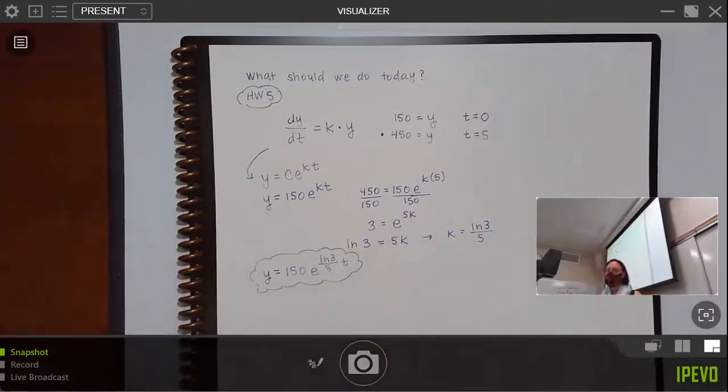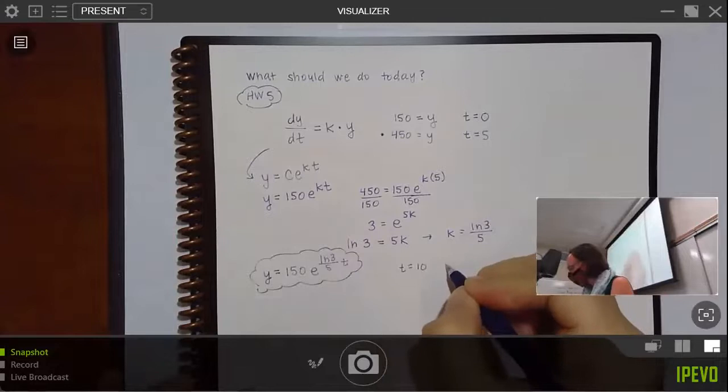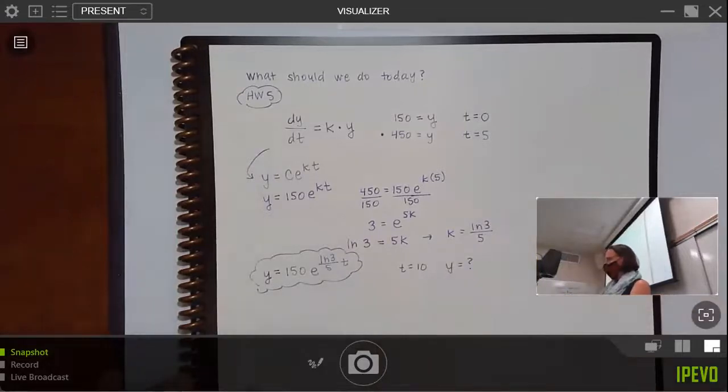And then we're asked a bunch of questions about it. So how many bacteria will there be after 10 hours? That's saying if we plug in 10 for t, what do we get for y? If you are using a calculator, then plug in the 10.